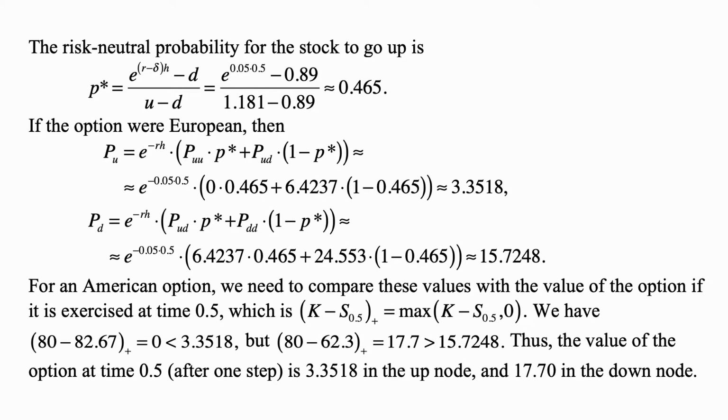So it would be PUU times P star plus PUD times 1 minus P star, and then discounted over 6 months, half a year, at 5%. And that turns out to be approximately 3.3518.